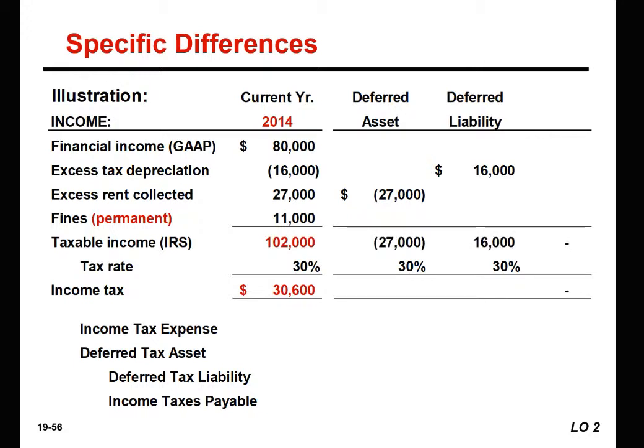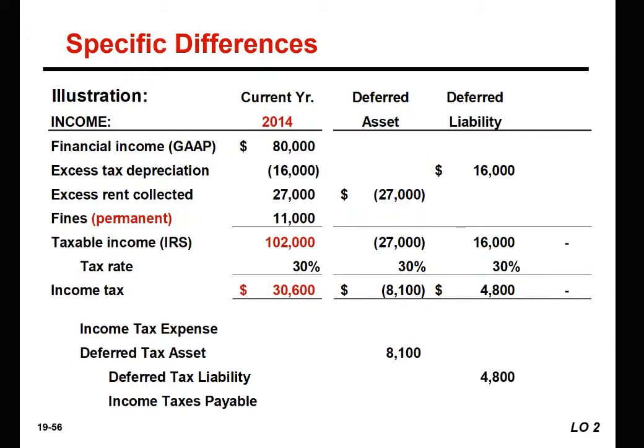That gives us deferred tax assets of $8,100 and deferred liabilities of $4,800. So we recognize $8,100 as an increase in the deferred tax asset.